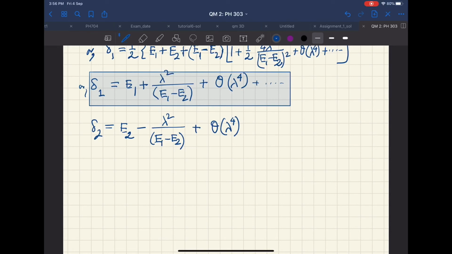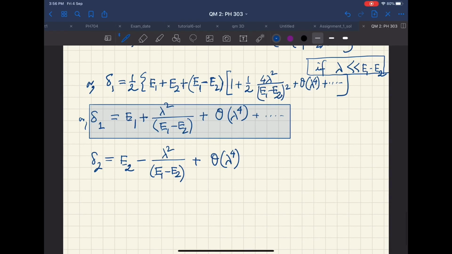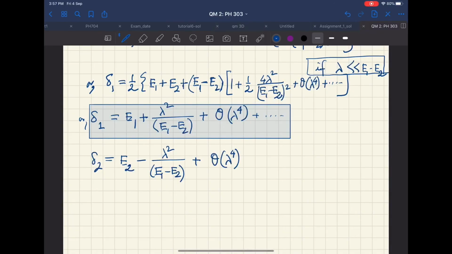The corrections to eigenvalues are of order lambda, lambda square, lambda cube, lambda 4, and in this way it will continue. But in this particular example, the lambda to the power 0 term always comes with the unperturbed energy, and there is no order lambda to the power 1 term.